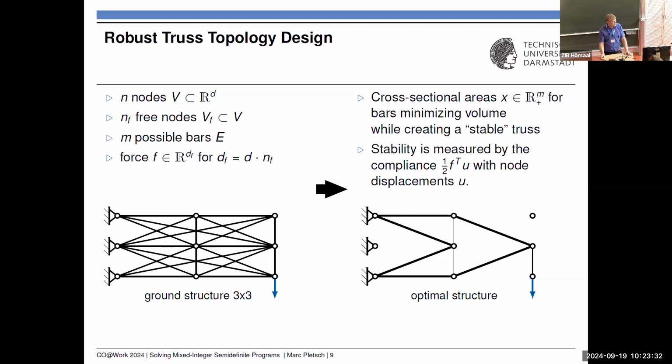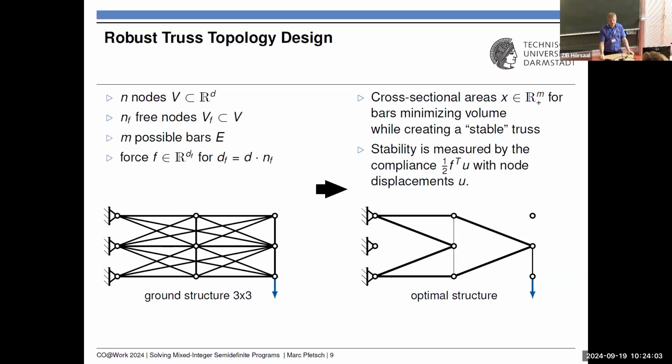So displacement vector u is, if you apply the force, then this truss will slightly bend, and this change of the positions is measured by u. And the more it bends, the less stable it is. Okay, and this inner product measures the potential energy that is stored in the truss, and the larger it is, the less stable. And then if you increase the force on and on, then sooner or later it will break.